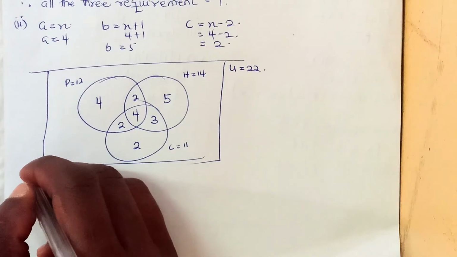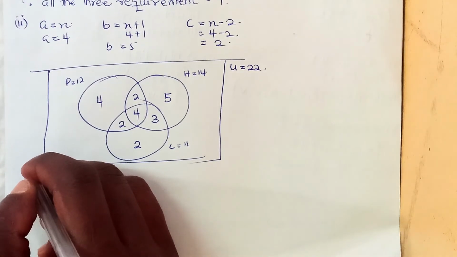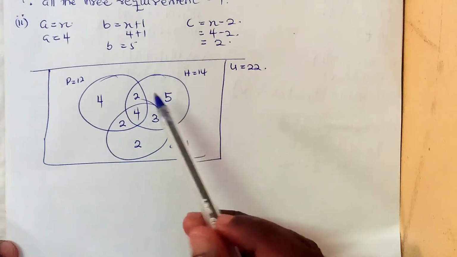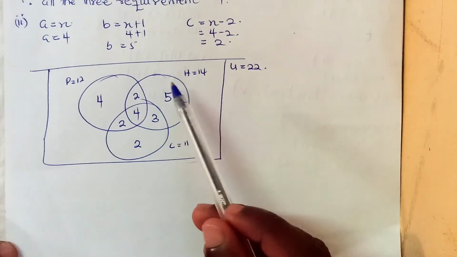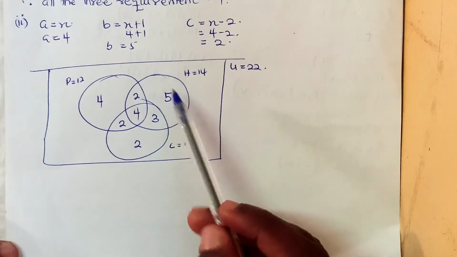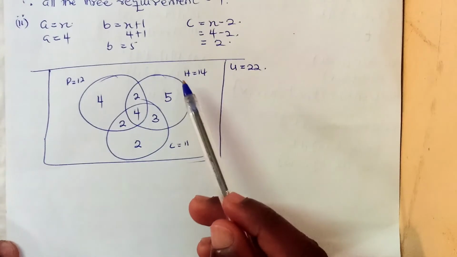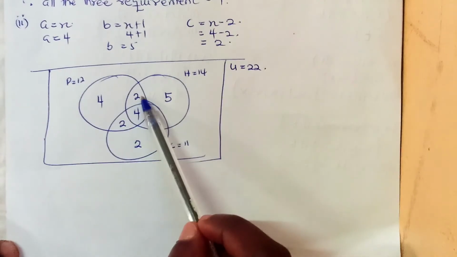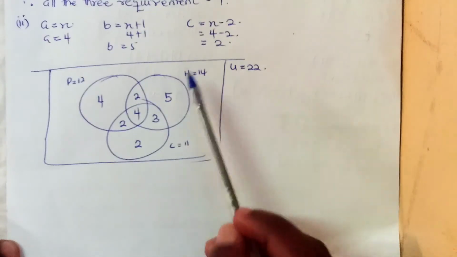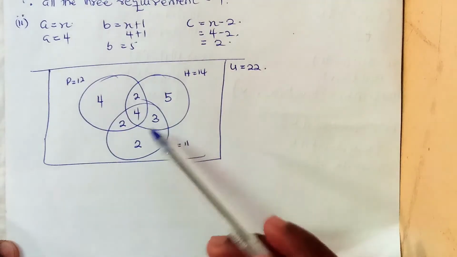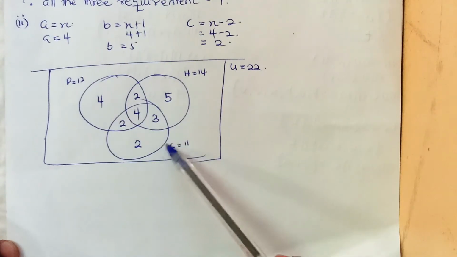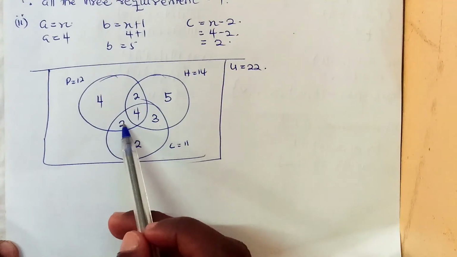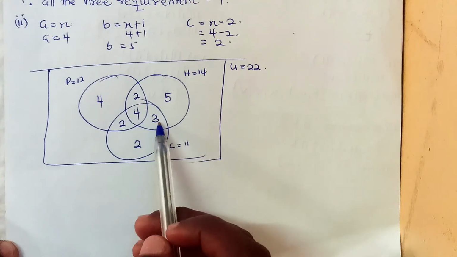Then we were asked to find exactly 2 requirements. And if you are asked to find exactly 2 requirements, it means the sides of which they intersect. Not all the 3 intersect, but only 2 intersect. For example, we have P and H intersecting at this side. That's 2. P and C intersecting at this side, that's 3, and P and C intersecting at this side, that's 2. So we add these portions, 2, 2, and 3.